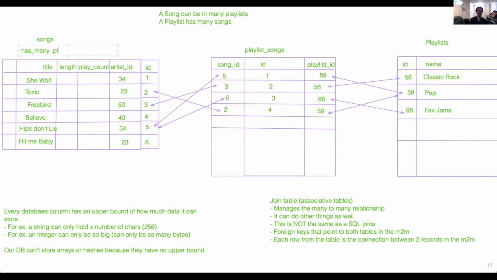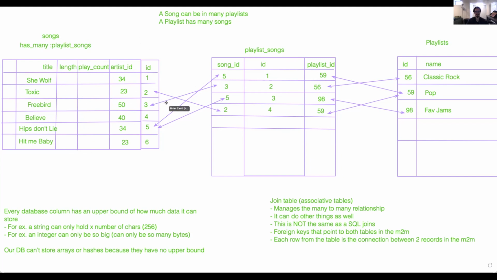The first thing I'll do is say it has many playlist songs. So that's the first part. A song has many playlist songs. Looking at the relationship from the songs table to the playlist songs table, every single playlist song is pointing to one of our songs.